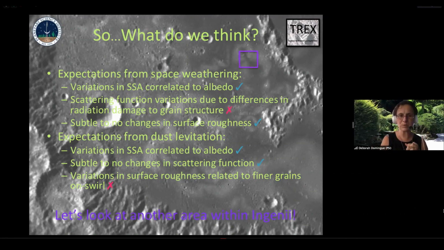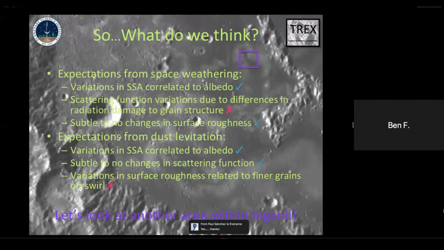And he determined it was probably the centimeter to millimeter scale that was dominating the roughness this parameter referred to. Does that answer your question? So we're thinking we're being dominated by millimeter to centimeter scales here with our data set. Okay, Paul says yes, that does answer the question.